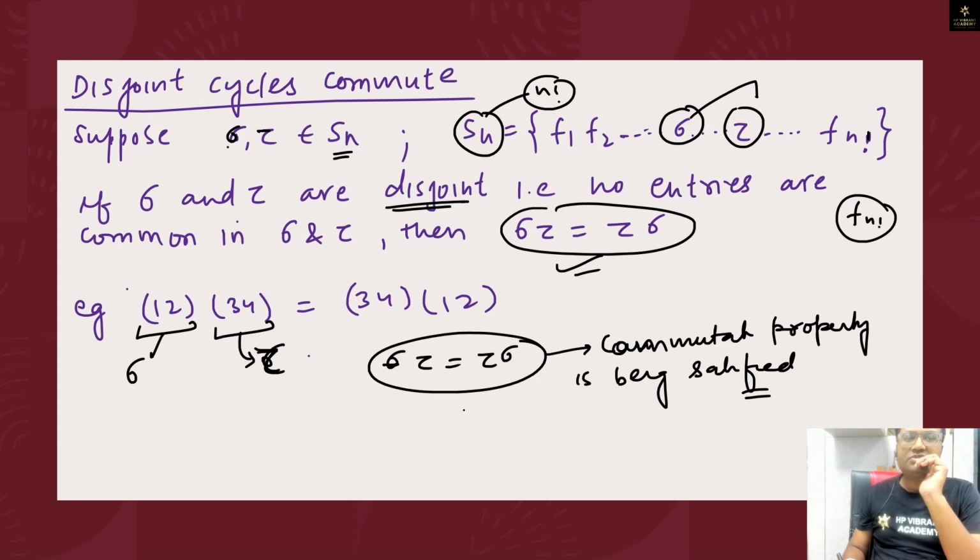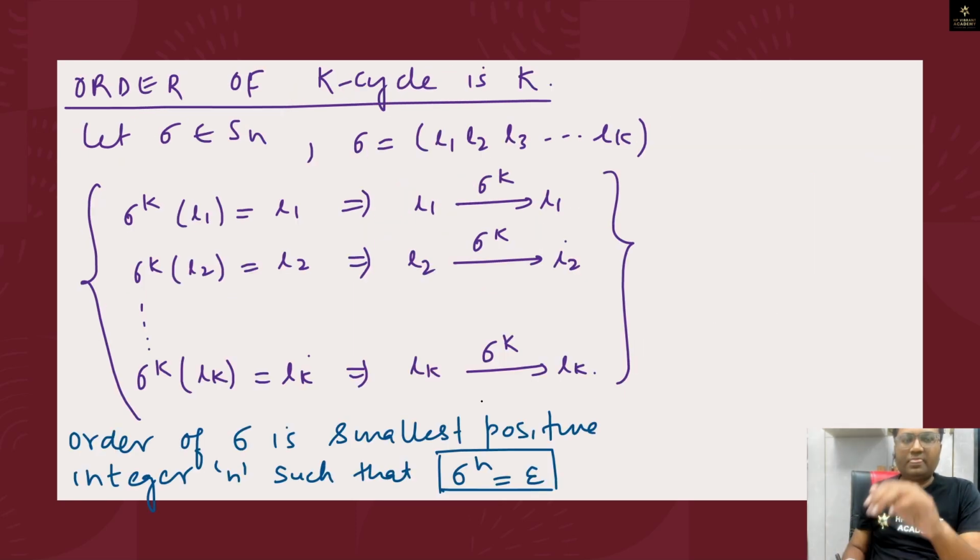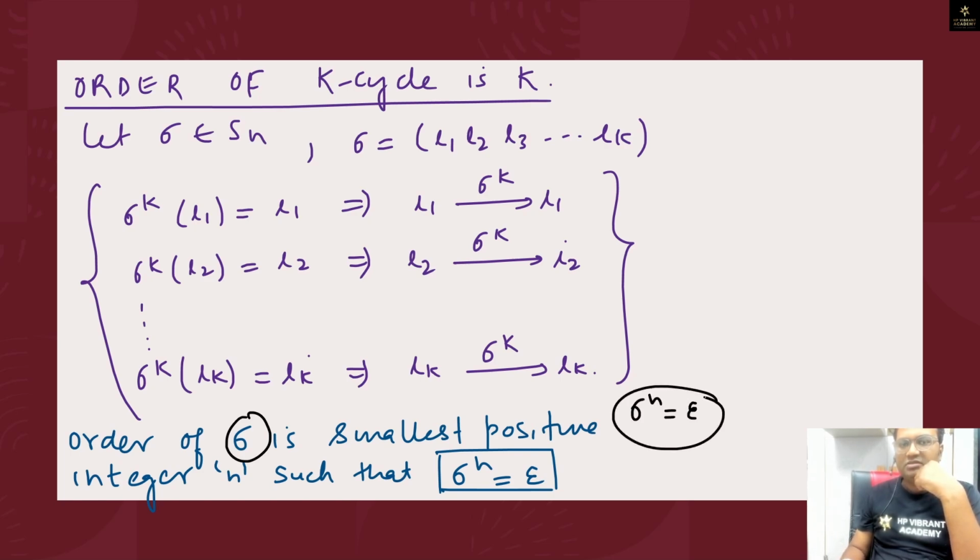Hence we can say that disjoint cycles commute. Now we have: the order of a k-cycle is k. The order of a permutation is the smallest positive integer n such that tau to the power n is equal to the identity. Let us understand this.